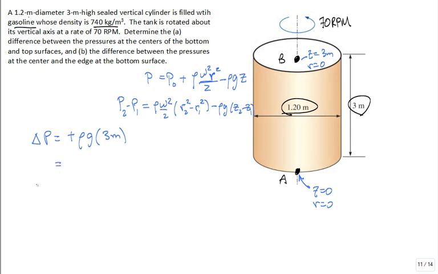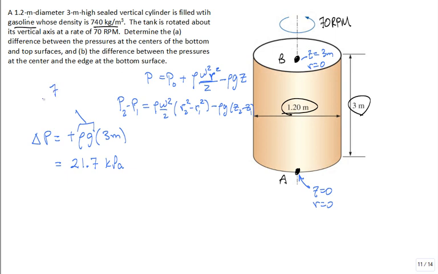So what's 9.81 times 3? Around 21.7 kilopascal. What is rho g? I've got to do this slowly.